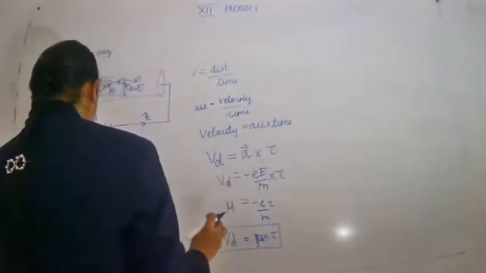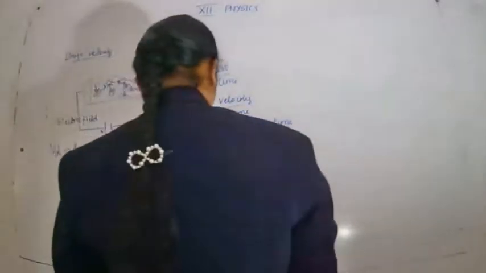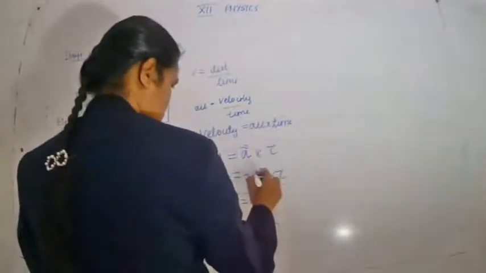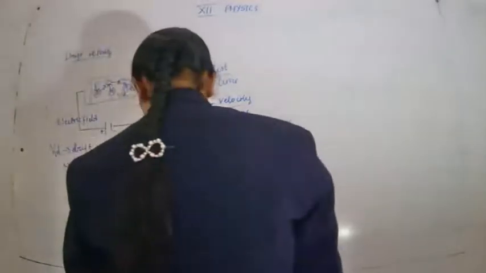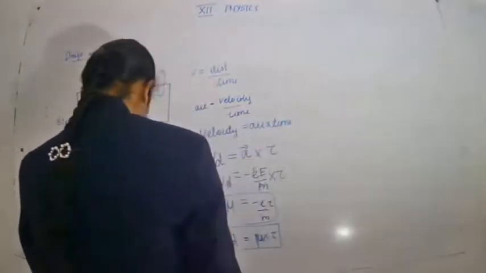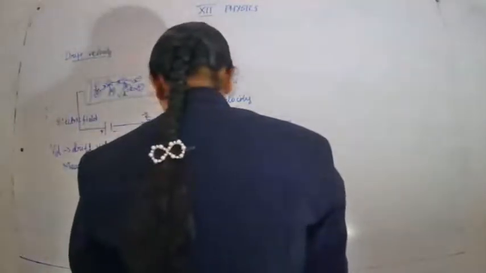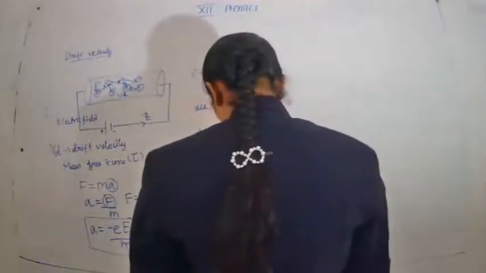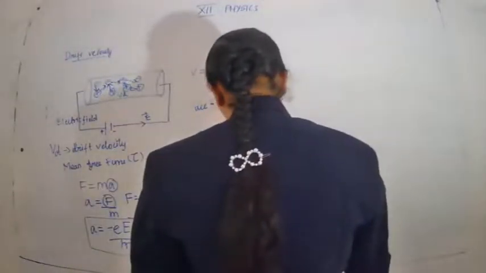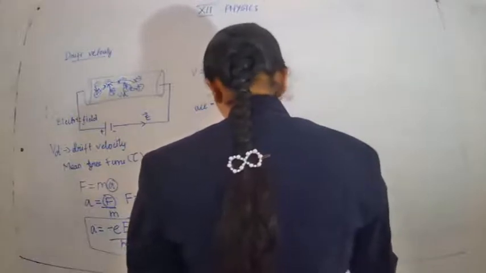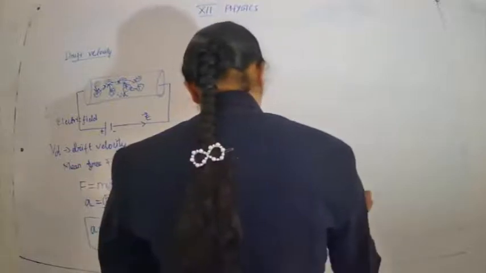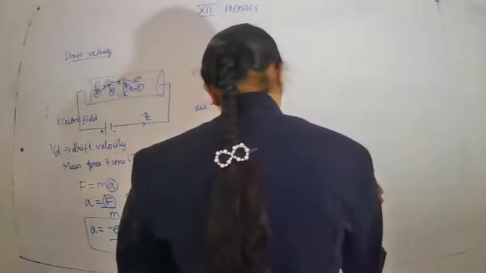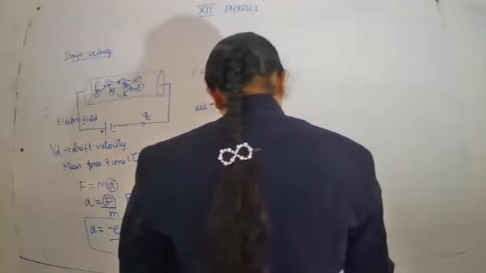This is the mobility of electrons. So mu is equal to drift velocity by electric field, in magnitude form.